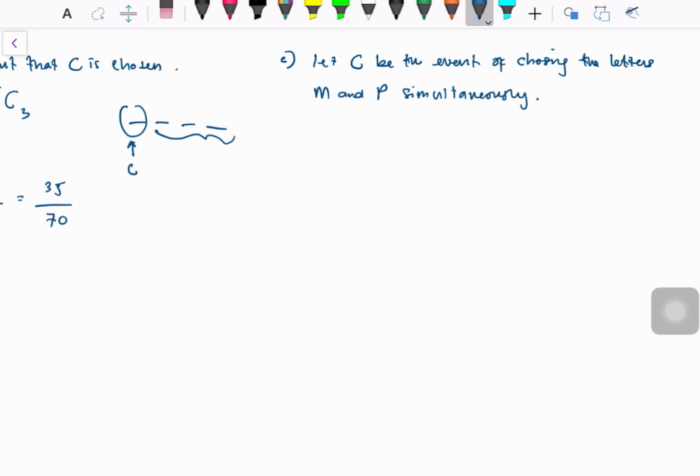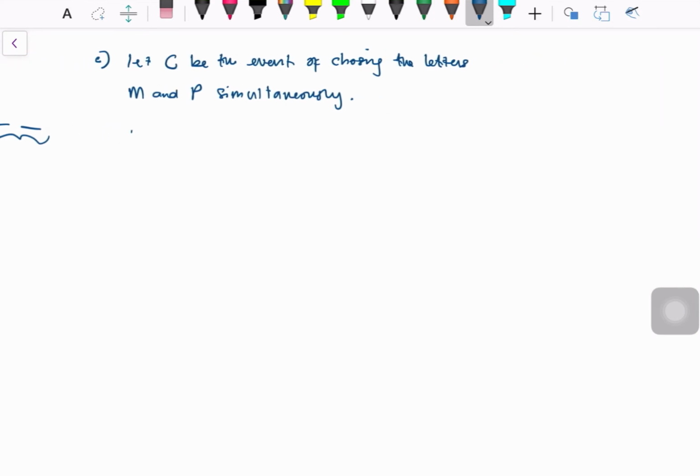To find the total of event C, these 2 places are for the letters M and P, so we write 2C2. The remaining places go to the rest of the letters.